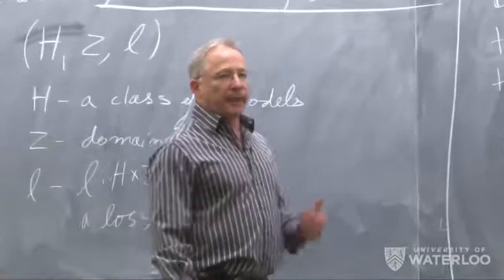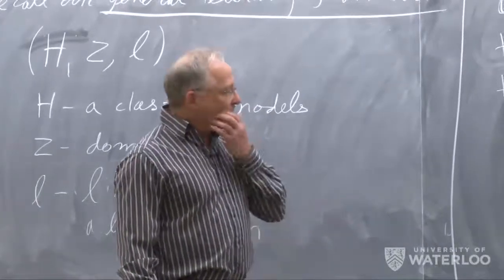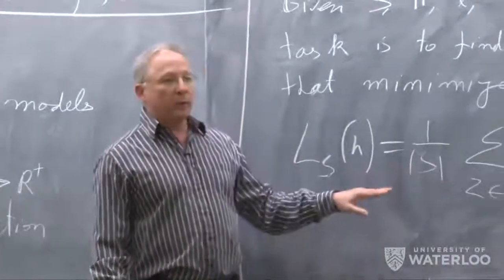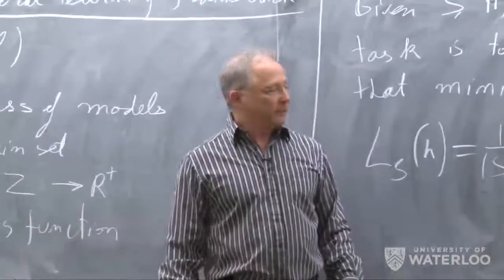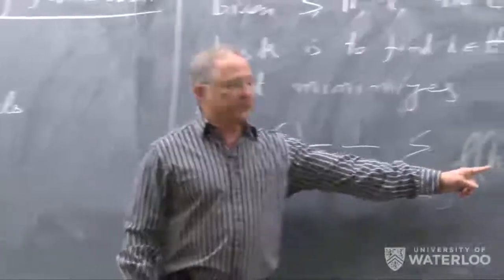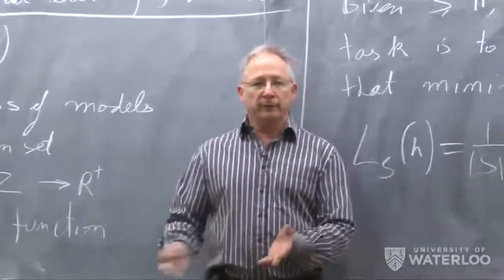So in ERM, I have a sample. It doesn't necessarily have to be a 0-1 loss. ERM is saying I have a sample S and I want to minimize the average loss over the sample. I look at all the points z in the sample. For each of them, I have some loss. It could be whether I predicted correctly or not.